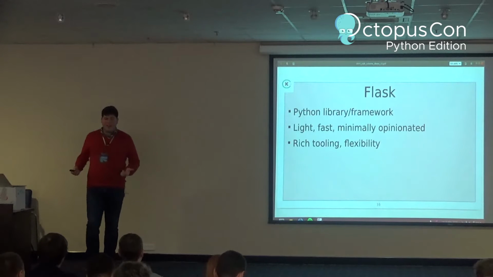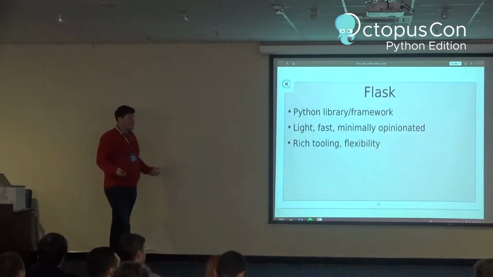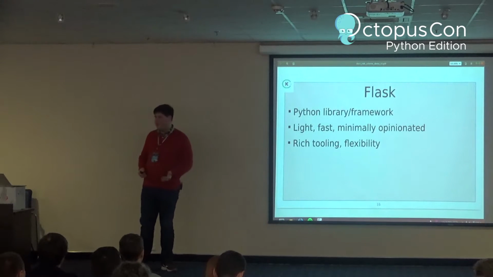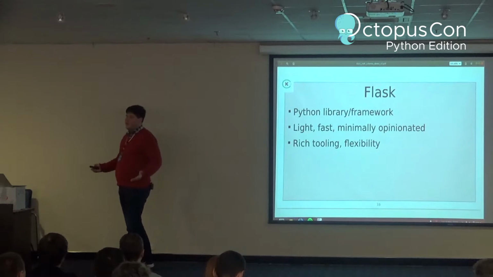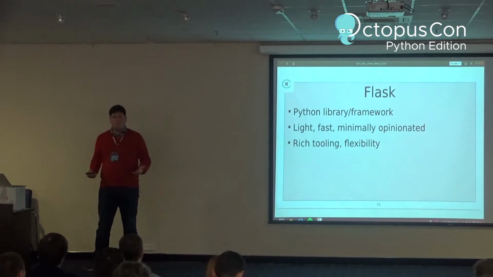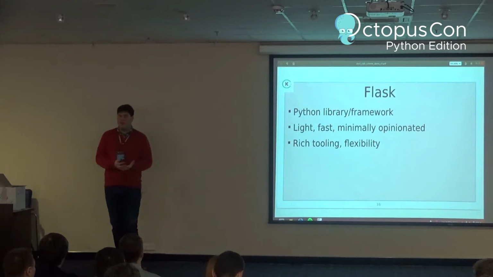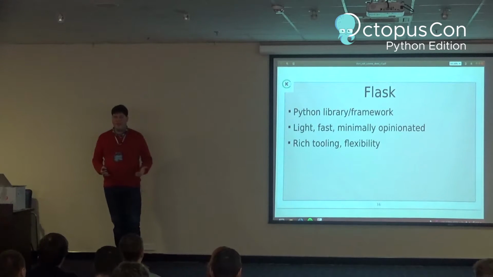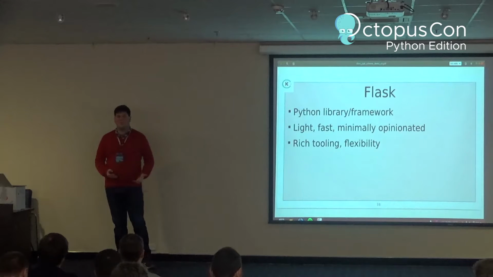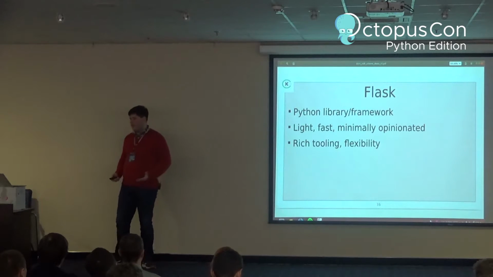Flask, it's fast, it's a framework that doesn't have a lot of opinions, so you can do whatever you want with it. And that's why we chose it as our baseline, because we do a lot of different things at Kiwi. And having a mega framework would just slow us down. This way, many small things.